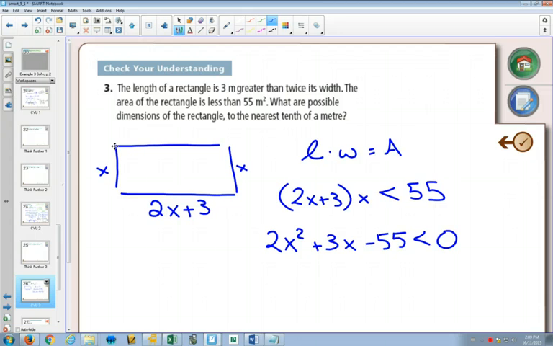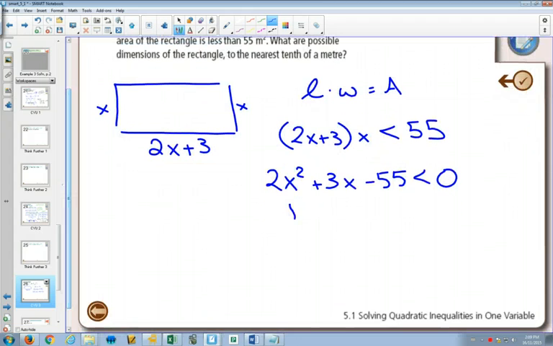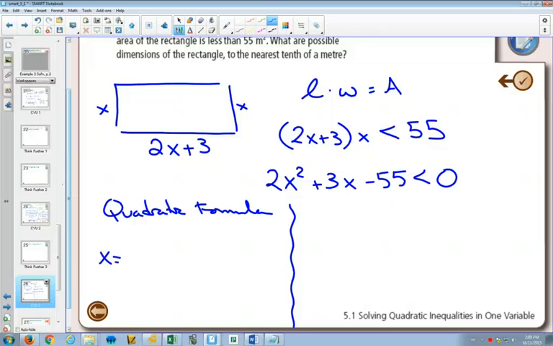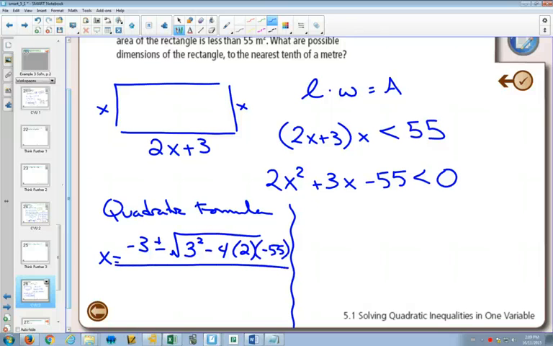Solving with the quadratic formula, so we'll split it here. We could solve this with the quadratic formula, which says that x is equal to negative b plus or minus the square root of b squared, which would be 3 squared, minus 4ac, divided by 2a.